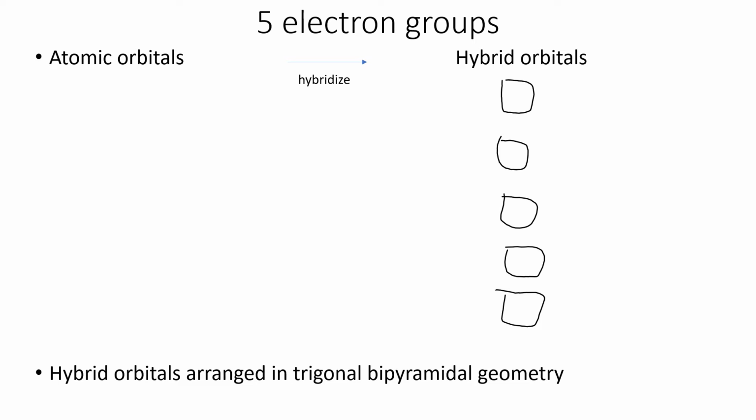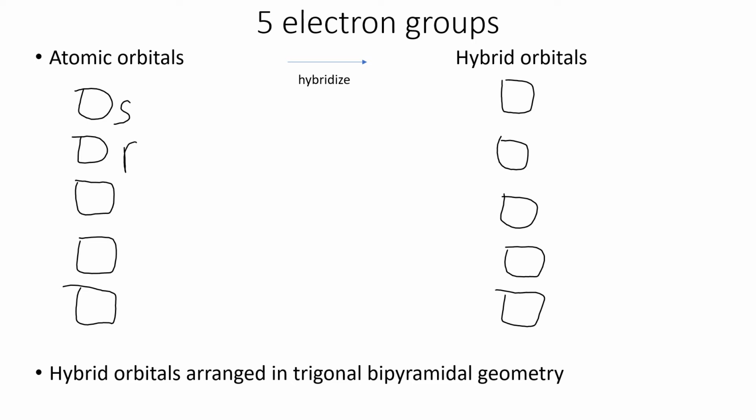So second guideline says the number of hybrid orbitals you have is the same number of atomic orbitals you have to start with. So 5 hybrid orbitals means we better start with 5 atomic orbitals. What atomic orbitals am I going to use? We'll start with an s, then we go to our p's. We have 3 p's, and you see we're out of p's.